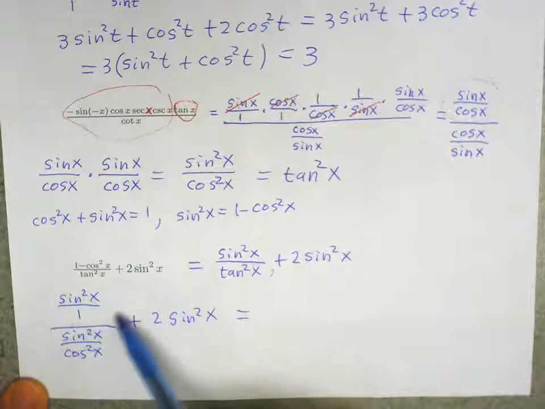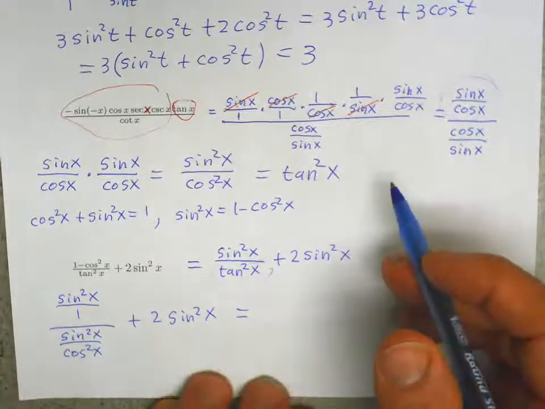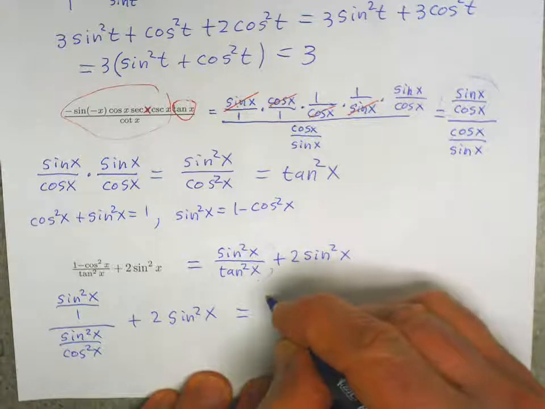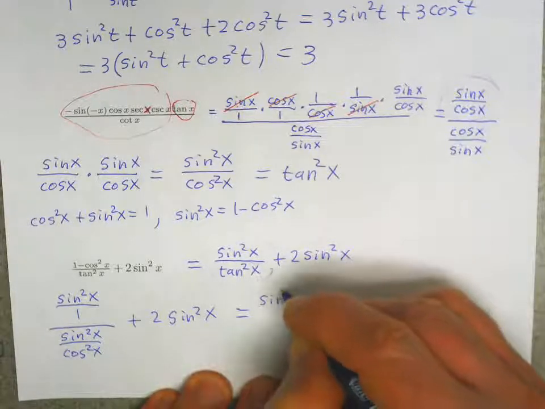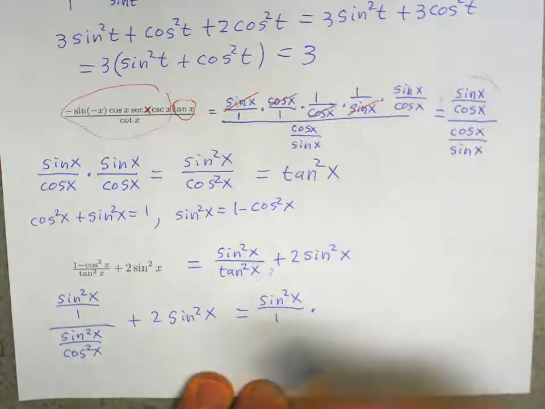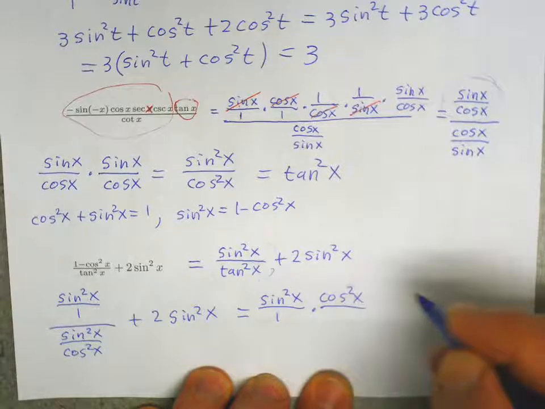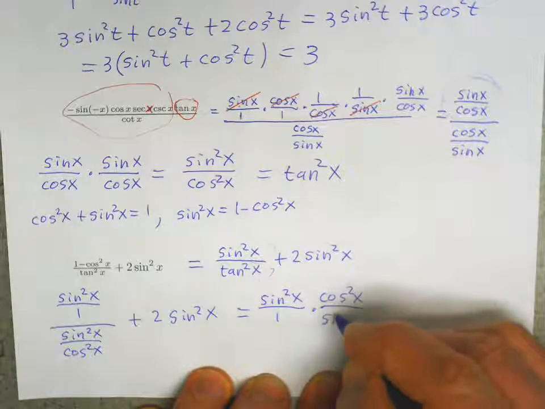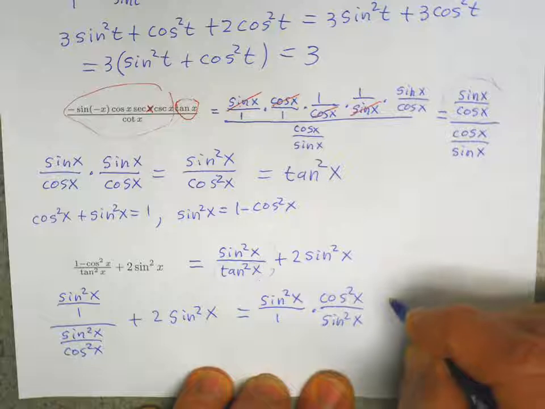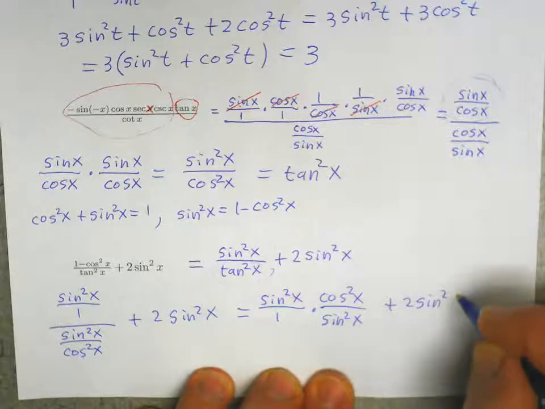So here we are in effect dividing one fraction by another. Whenever you divide one fraction by another, you can multiply the first fraction by the reciprocal of the other fraction. And then plus 2 times sine of x squared.